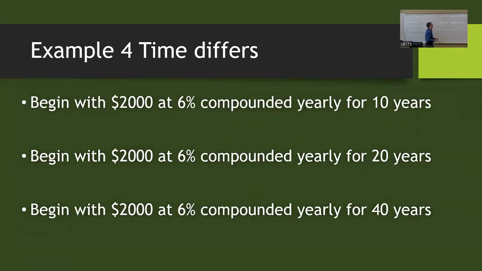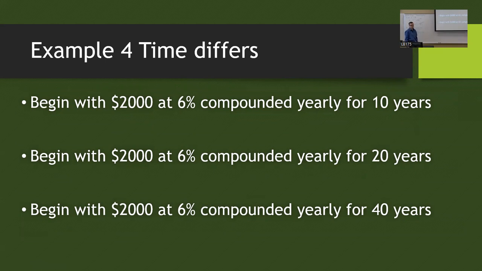Now let's do the last comparison. And this is going to be a comparison where our time differs. So I just want you to do the first 2 bullet points in example 4. If you have time, you can do the third as well.